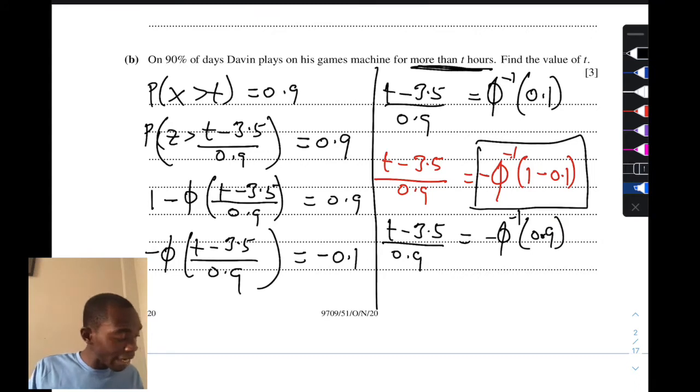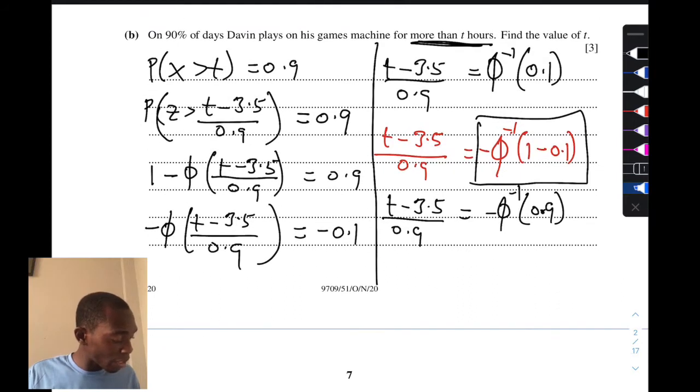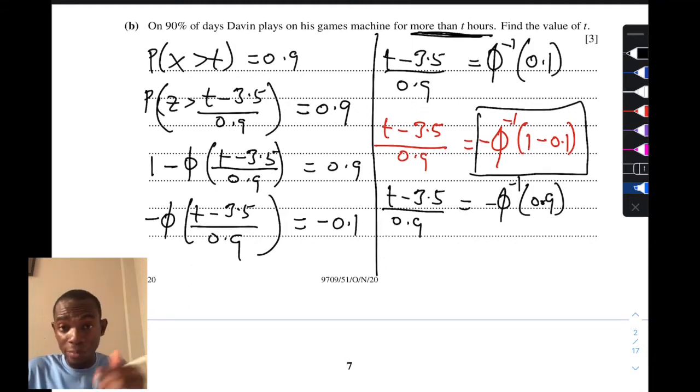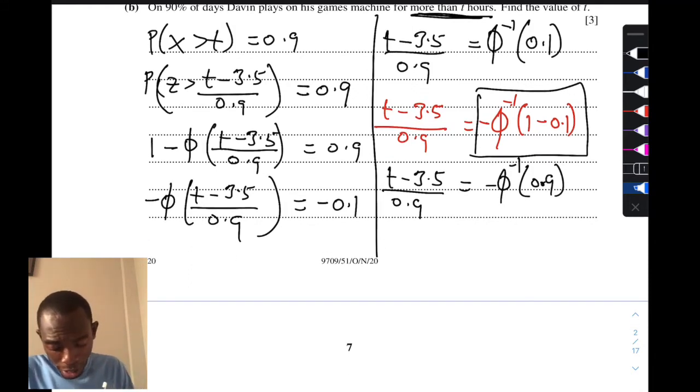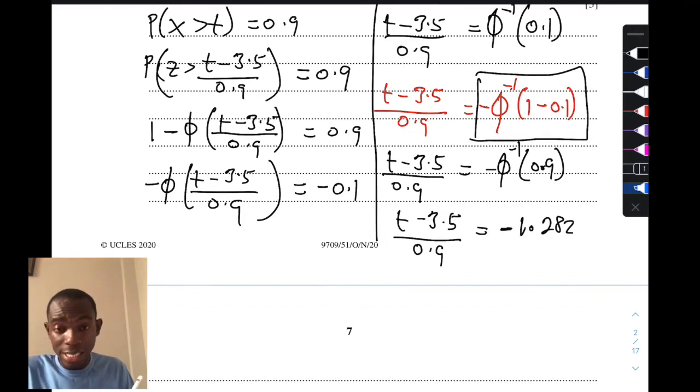Now 0.9 is a critical value, so when you go to where the critical values are, you just see 0.90, and that has a z value of 1.282, so you don't have to worry yourself to read it from the table. So you have t minus 3.5 over 0.9 is equal to negative 1.282. Then you make t the subject.